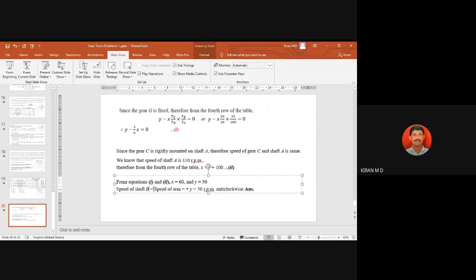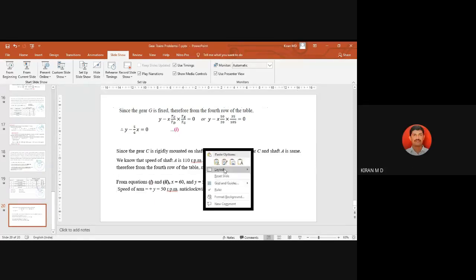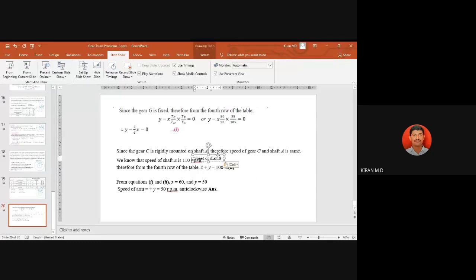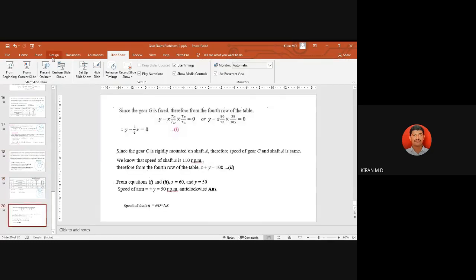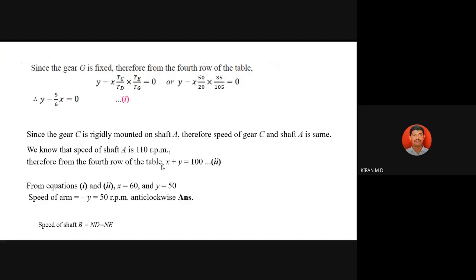Actually, when I was writing it, the speed of shaft B is equal to ND, that is equal to NE. So we know the equation for this ND and NE here. You can substitute and you can get them. Is it clear? Yes, sir.